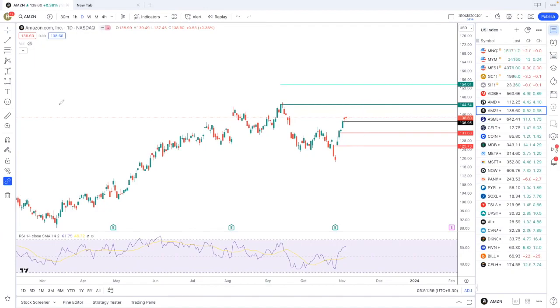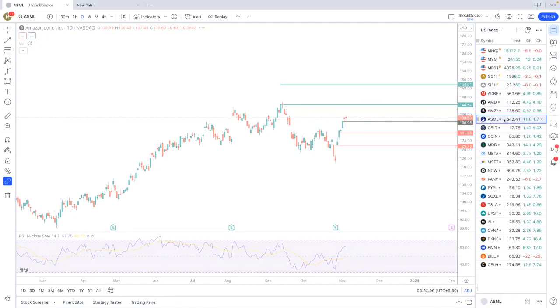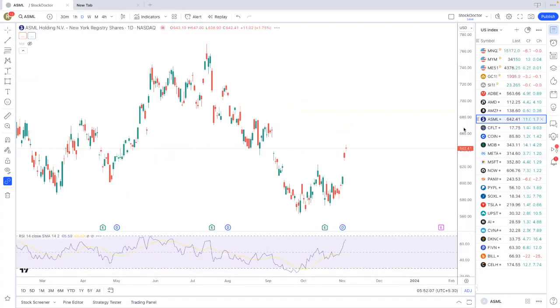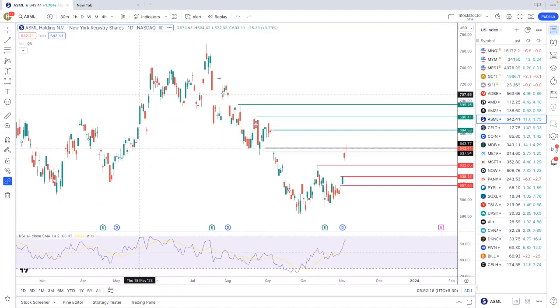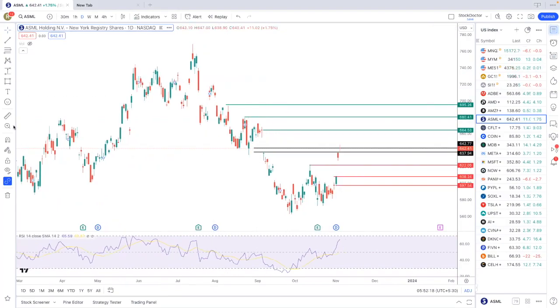Next stock we have ASML. So let's analyze ASML. Currently it is exactly at its resistance area between 637 to 642.